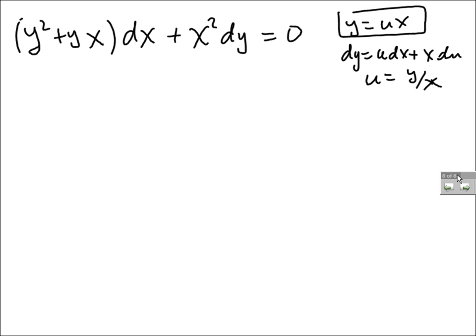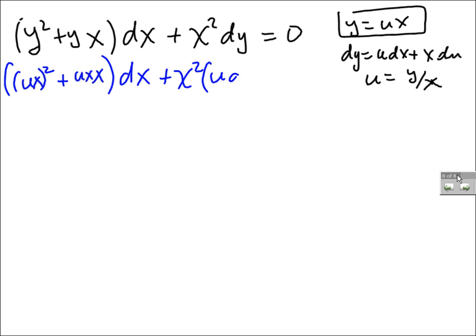Okay, so y is ux squared plus y times x dx plus x squared times dy. U dx plus x du. And like it says, it equals 0. Clean this up a little bit.